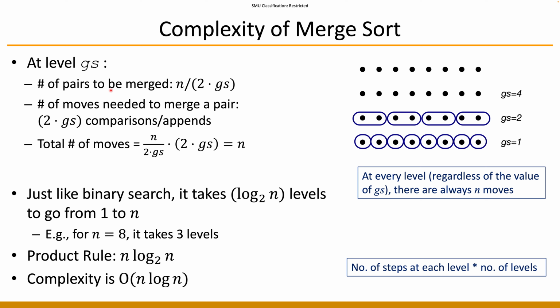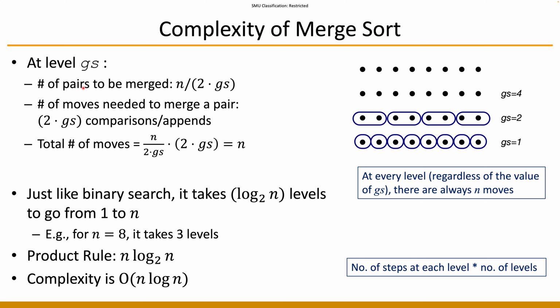And then the number of moves required to merge a pair of size 2 times GS will be 2 times GS. Strictly speaking, it is 2 times GS minus 1, but for simplicity, just drop this minus 1. So it will be 2 times GS.